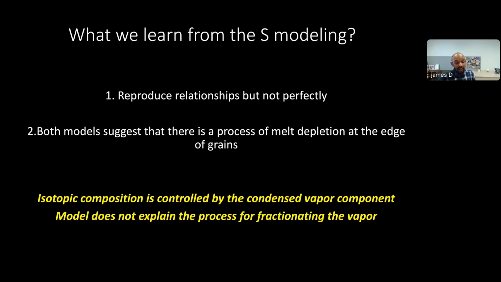And lastly, our isotopic composition appears to be controlled by the condensed vapor component. However, our model still does not explain how that condensed vapor component was ultimately fractionated. All that we know is that it's a fractionated condensed layer vapor component.